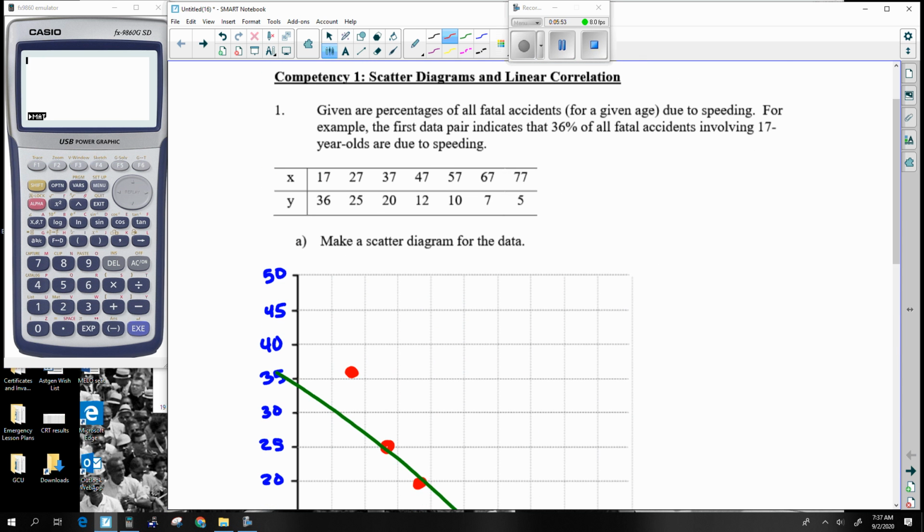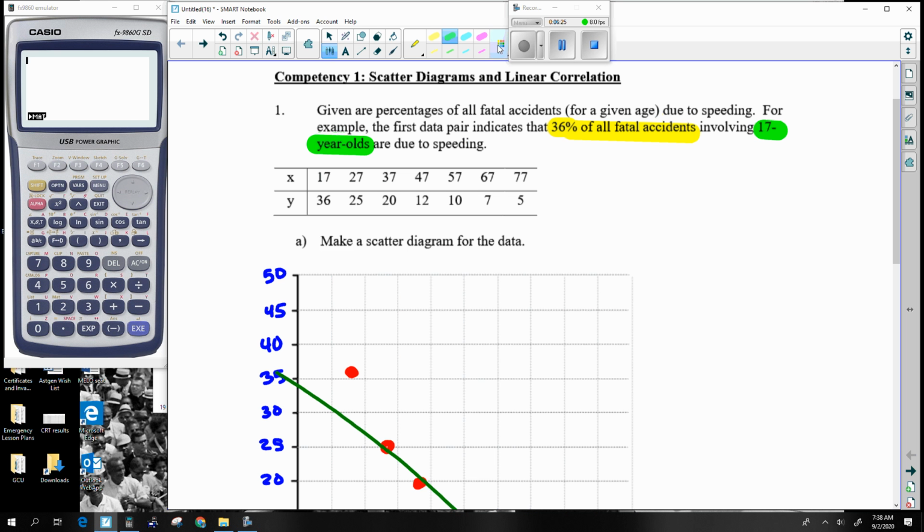okay, here's where it gets a little foggy. Notice in the writing, they don't straight up describe what X and Y are. They don't say X is this and Y is that. But you can get the information from the writing itself. So it says, for example, the first pair of data says that 36% of fatal accidents involve 17-year-olds.